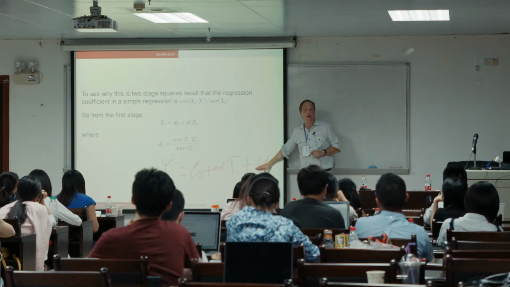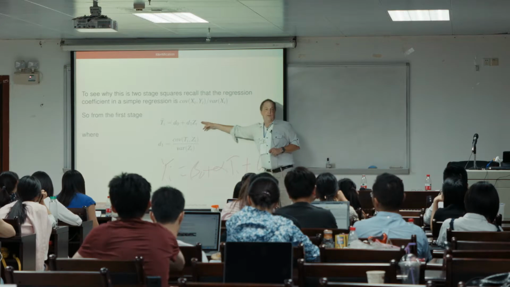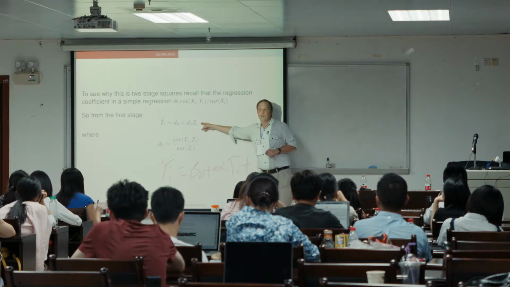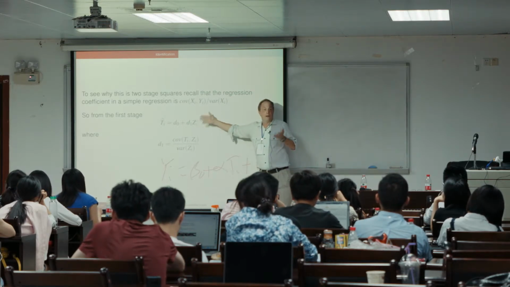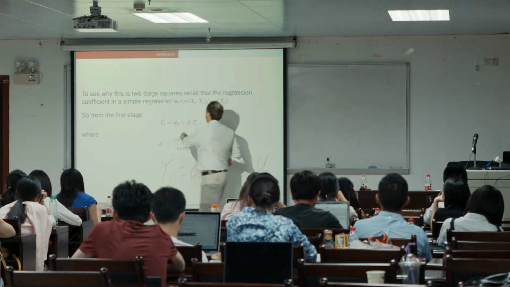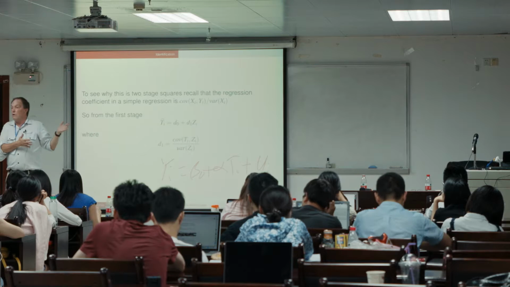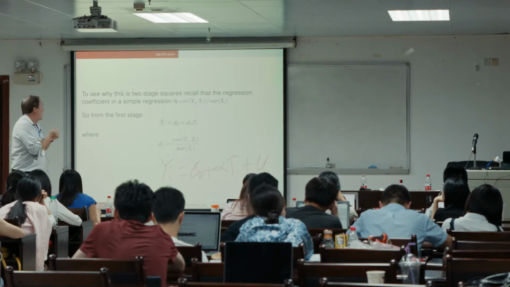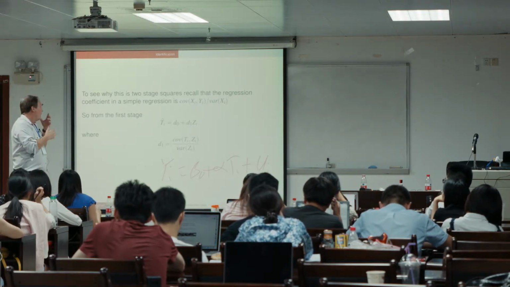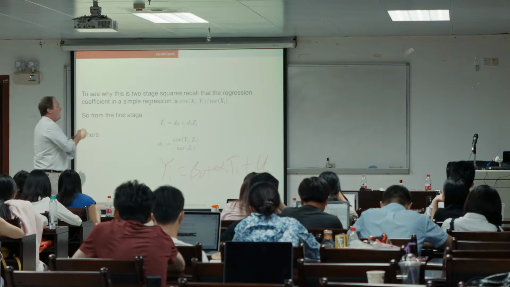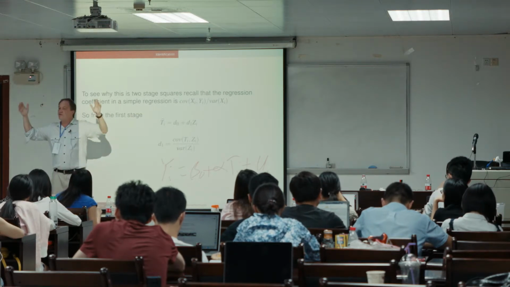What am I assuming about the other one? Nothing. It's just an equation where d1 happens to be this thing because it happens to cancel. So when we start with something like a simultaneous equations model, the first stage means something.